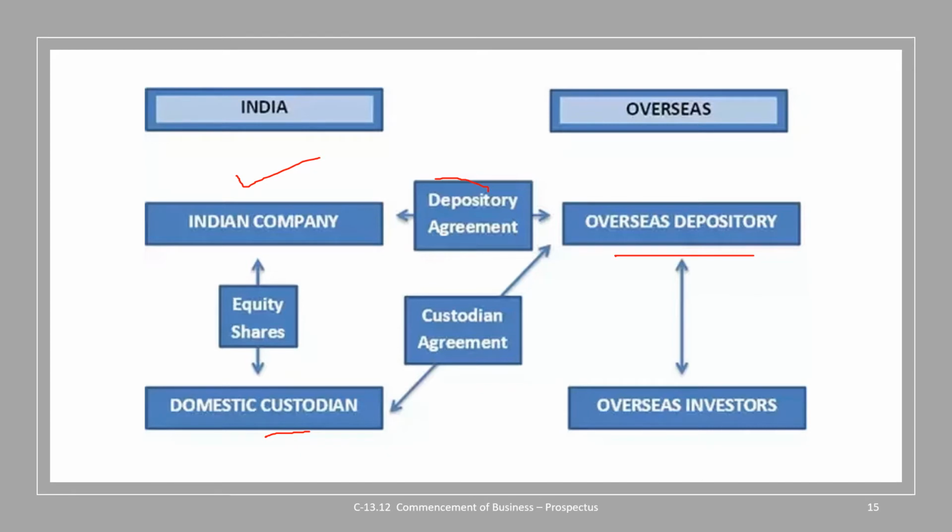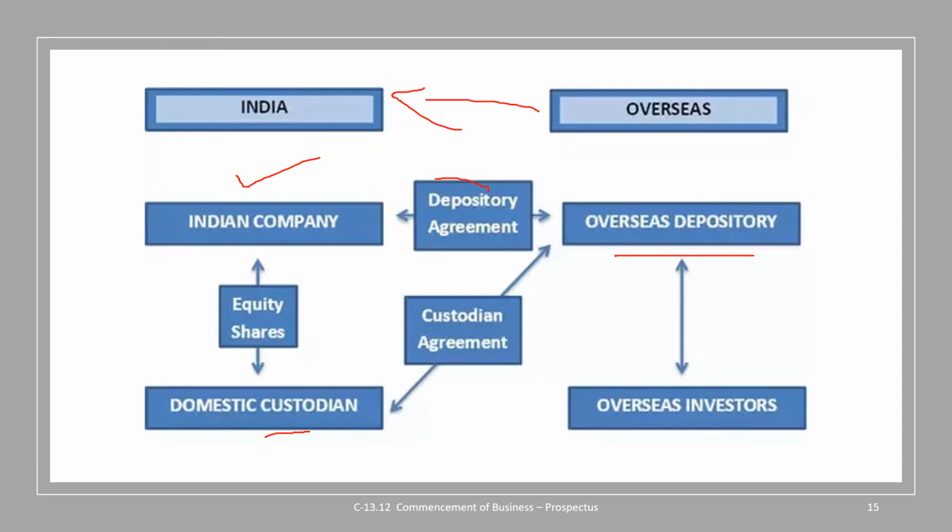This domestic custodian holds shares on behalf of overseas depository. It so happens overseas depository buys shares from the Indian company. When he buys shares from the Indian company, he remits through the overseas bank the money to Indian bank belonging to the Indian company, which will issue the shares.